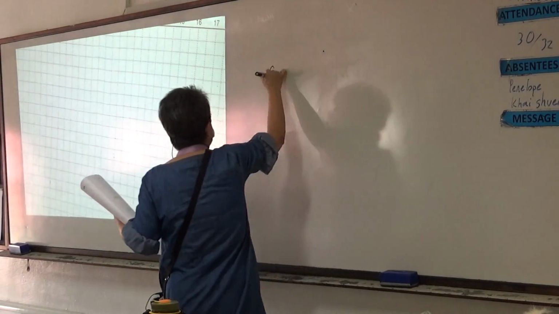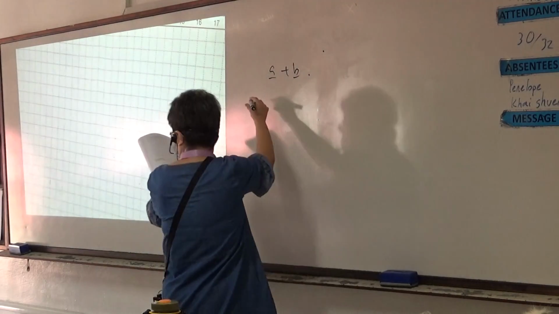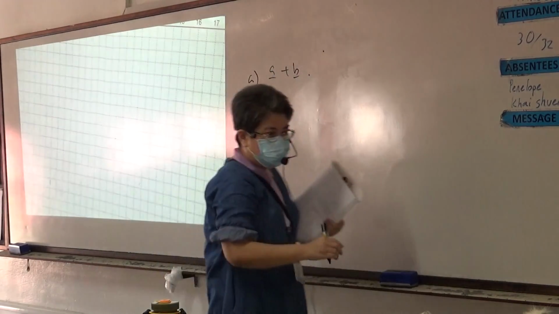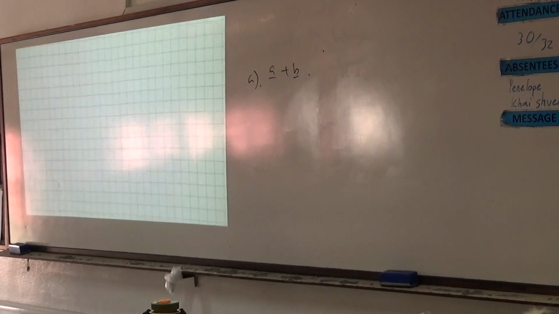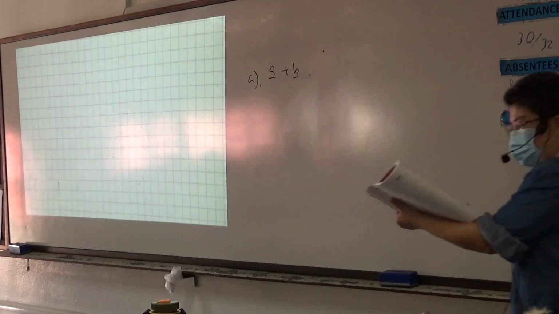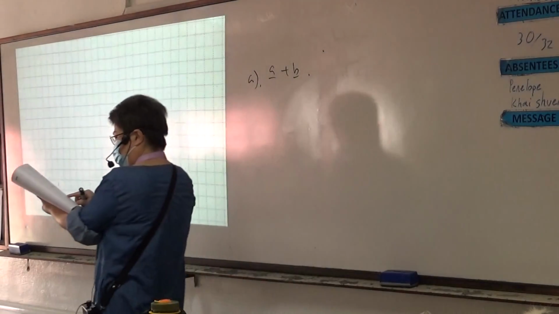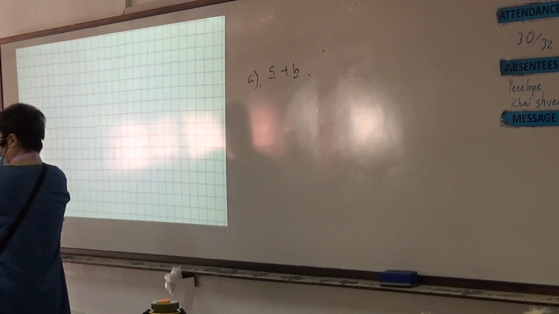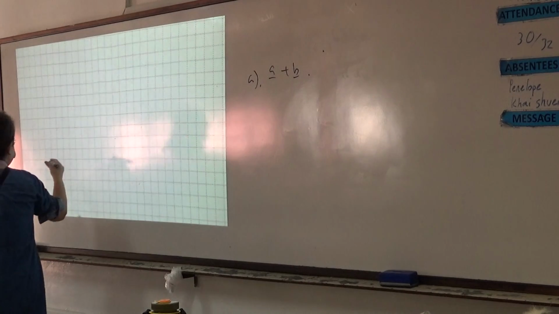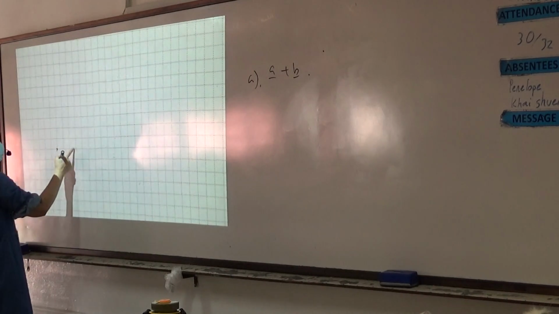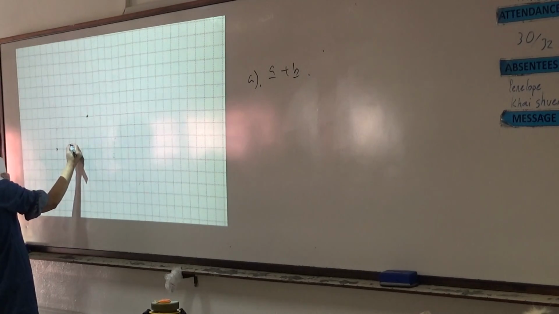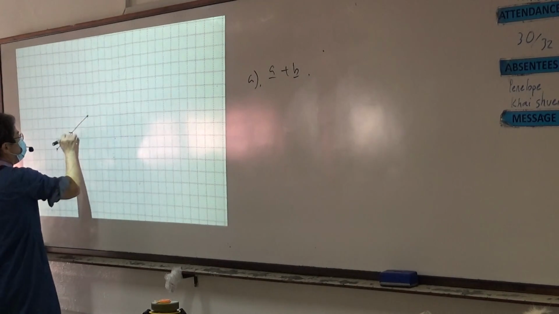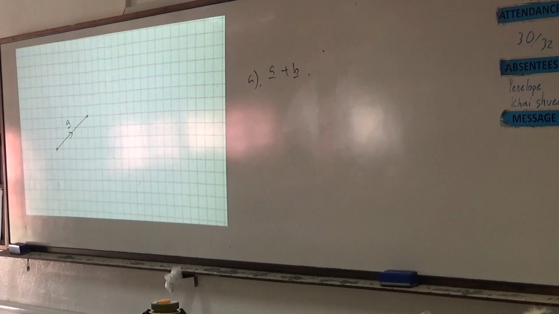They want A plus B. First one, part A. I want this to be fixed down here. Now, A is 1, 2, 3, 4, 5, 3. So this will be my A, right?